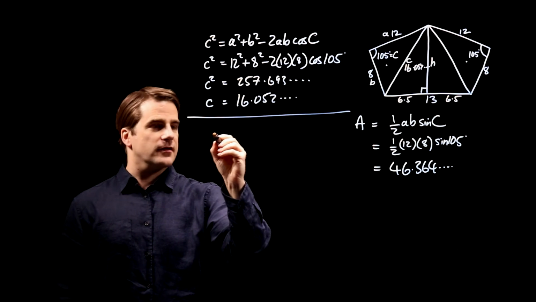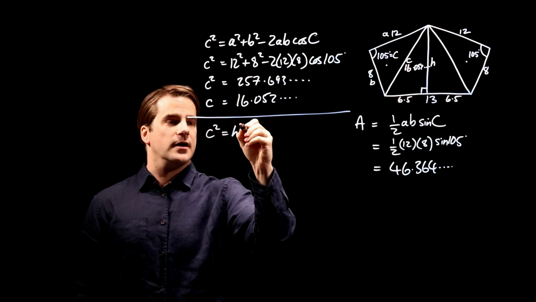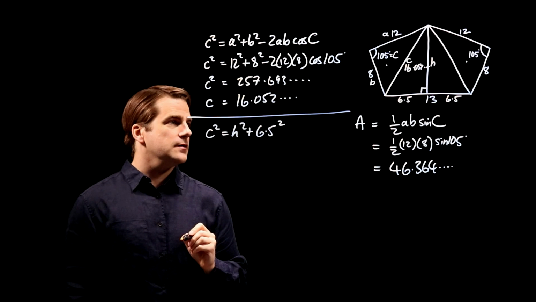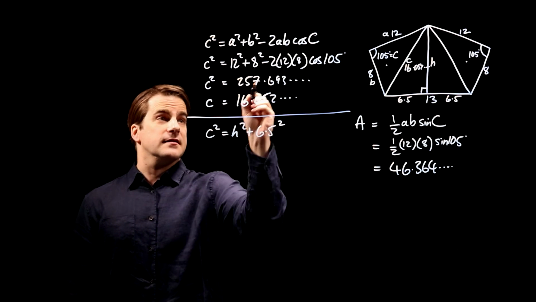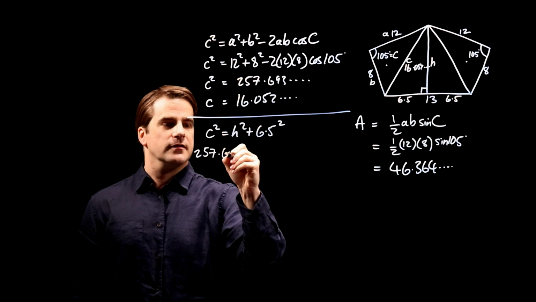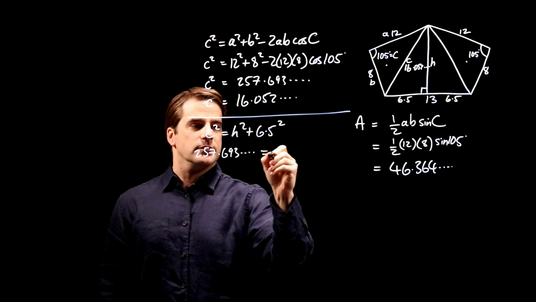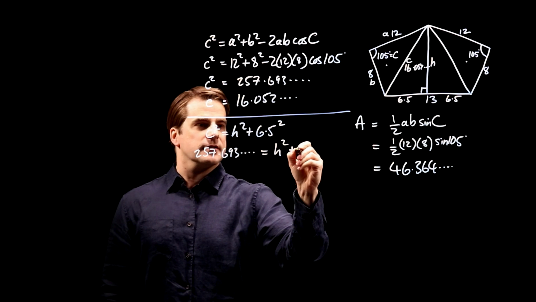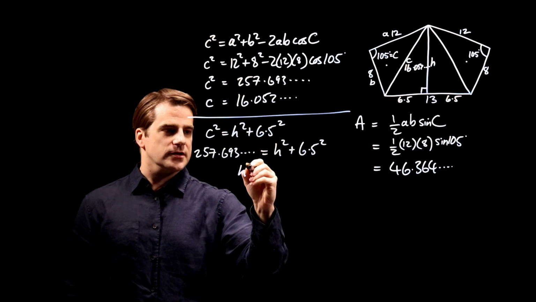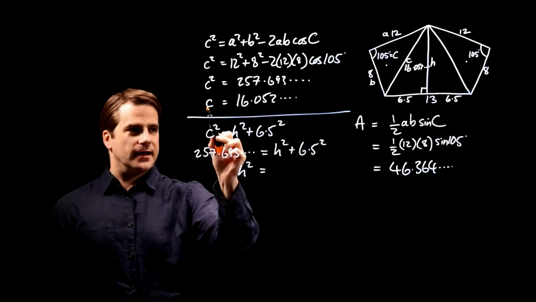So using Pythagoras, c squared is h squared plus 6.5 squared. And c squared is 257.693 whatever equals h squared plus 6.5 squared. So rearrange, h squared is c squared. You've put that in your calculator's memory, haven't you?